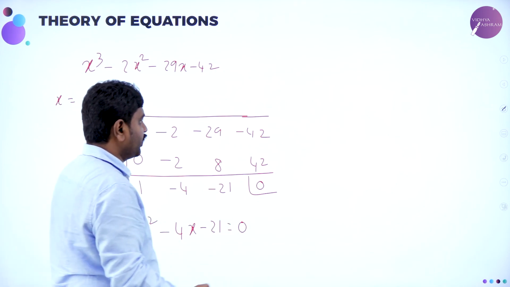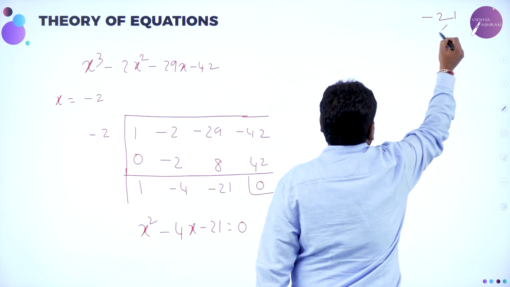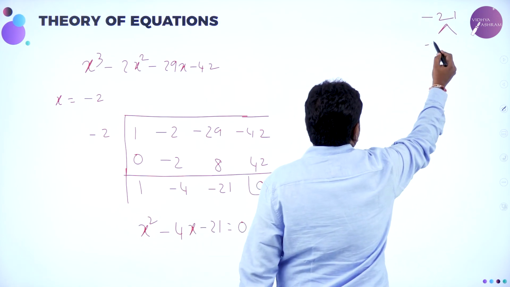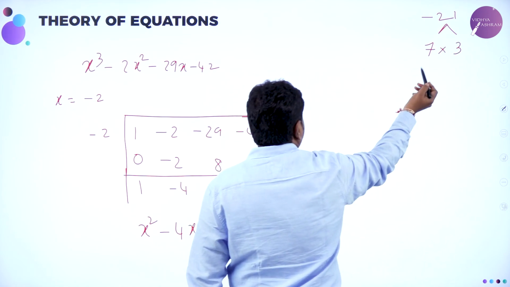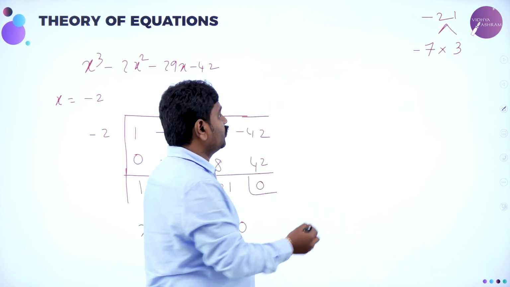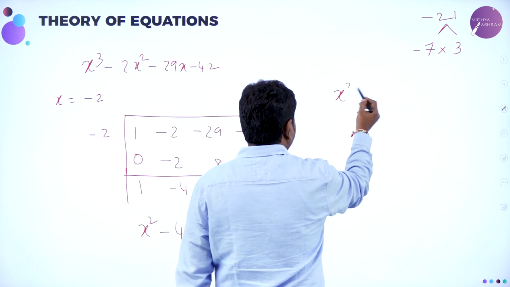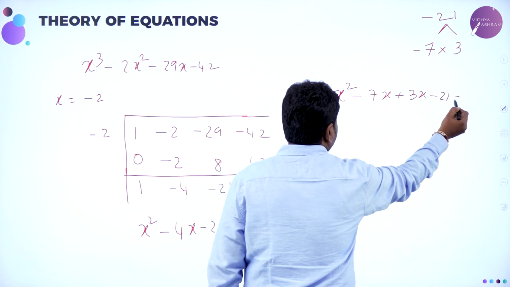So now do factorization. So what are the factors for minus 21? That should give you 7 and 3. 7 threes are 21, but I need negative. But when you add also you should get negative. So larger number take negative. So I can write this as x square minus 7x plus 3x minus 21 equal to 0.